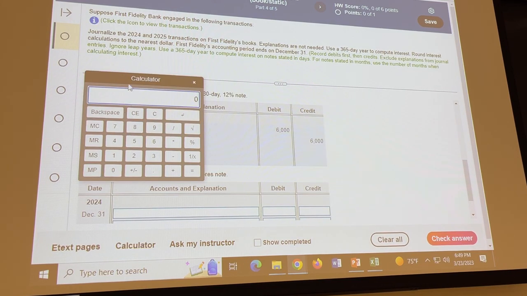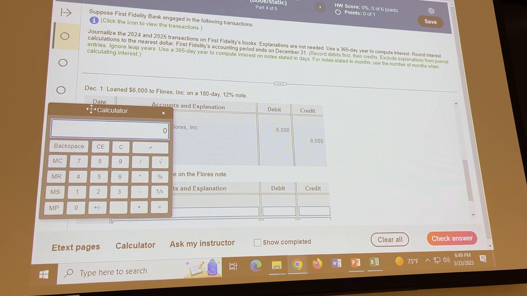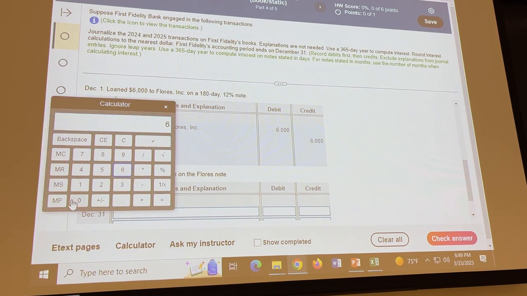So getting our calculator out here, $6,000 principal times 12% interest times 30 days divided by 365 days.